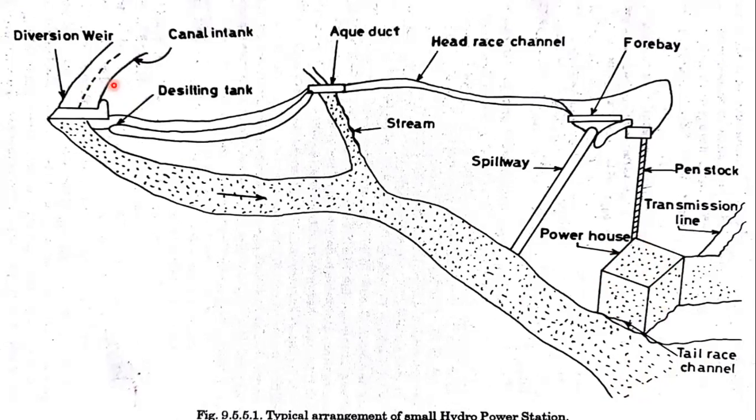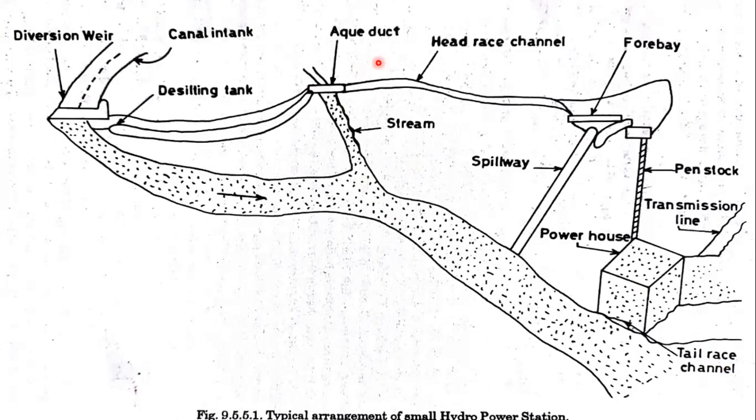Dams, barrages, solid structures and trench type weirs are usually employed to divert the required flow from the river. Here, these are diverting the required flow from the riverbed or streams to the intake structures.